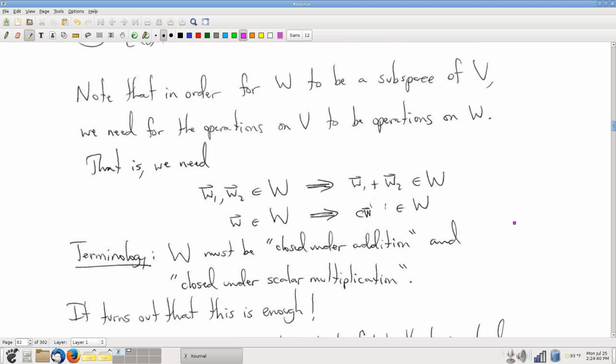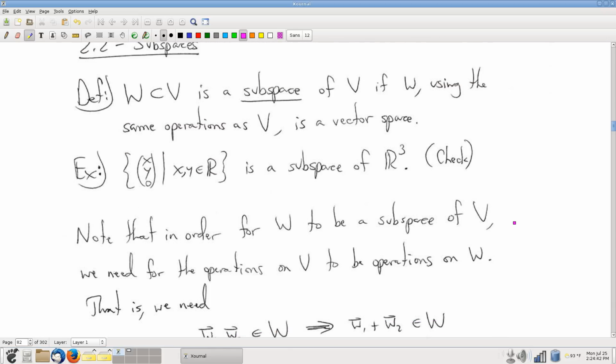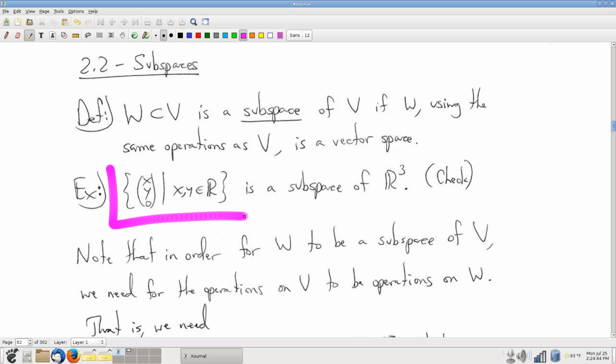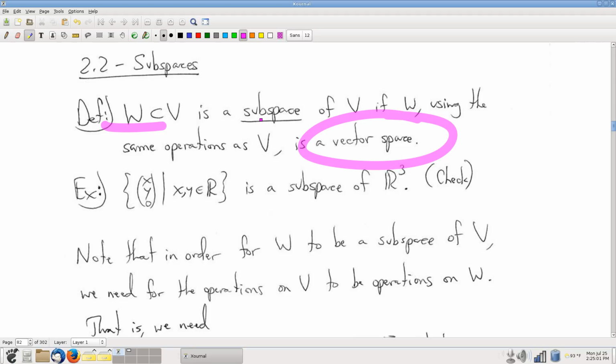Okay. Now, of course, go back up to our example, and certainly we need those two things to be the case in order for our operations to in fact even be operations. But we also need for the set to be a vector space, and there's a list of 8 requirements that have to be checked, or one would think.